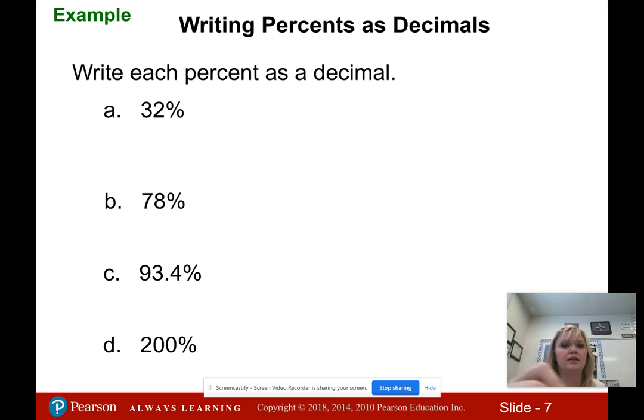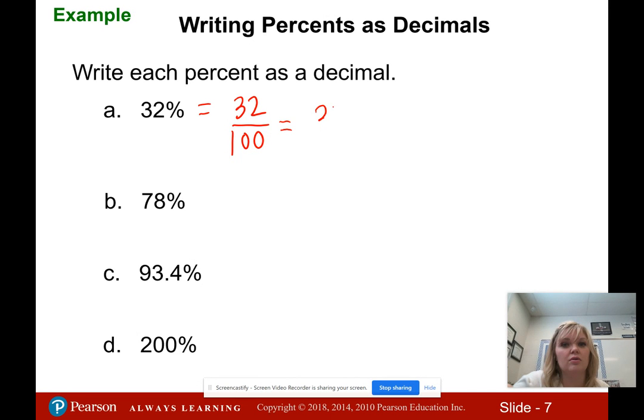Since 32% is 32 out of 100, all you need to do is divide 32 by 100. We learned the shortcut: when you are dividing or multiplying by a power of 10, you move the decimal to the left or right, whether you're dividing or multiplying.